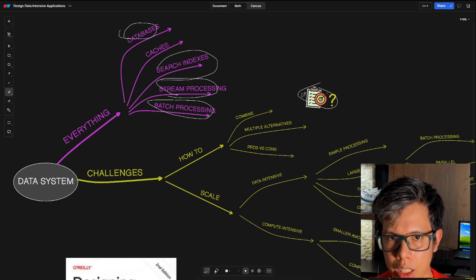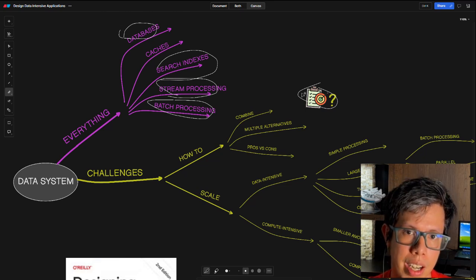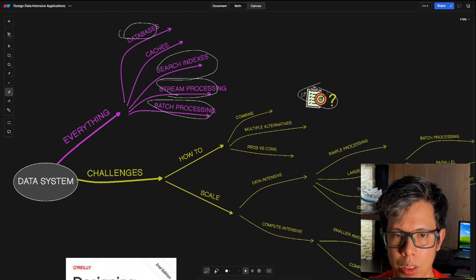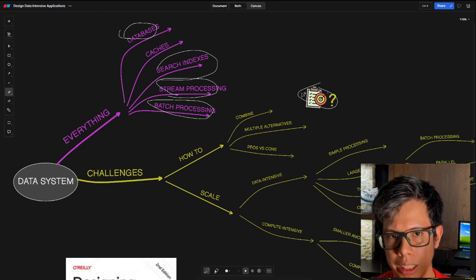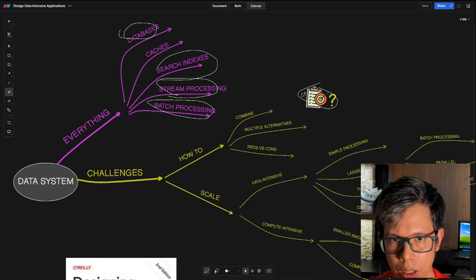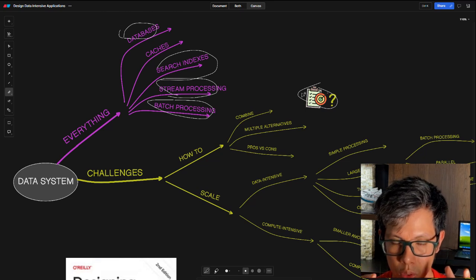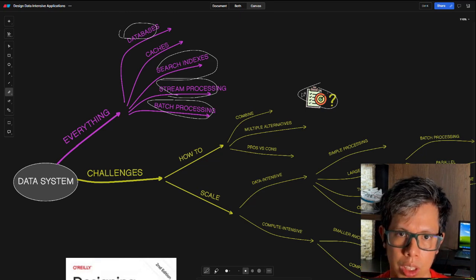You have to take note of the trade-offs of each tool that you want to include in your data system. So it's very important to know the difference. And with this book, the idea is to gain deep knowledge about how to do it.